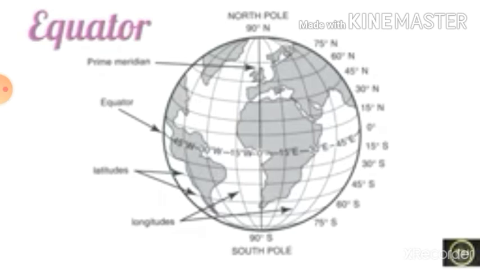While mentioning the value of a parallel, it is necessary to mention whether it is in the northern or southern hemisphere. The parallels from the northern hemisphere are referred to as 5° north, 15° north, 30° north, 50° north, whereas parallels from the southern hemisphere are referred to as 5° south, 15° south, 30° south, 50° south.